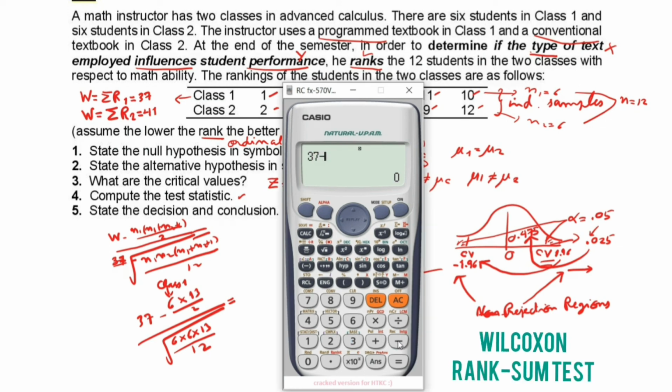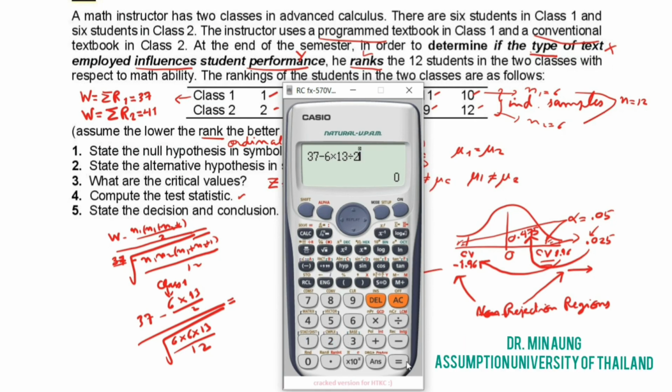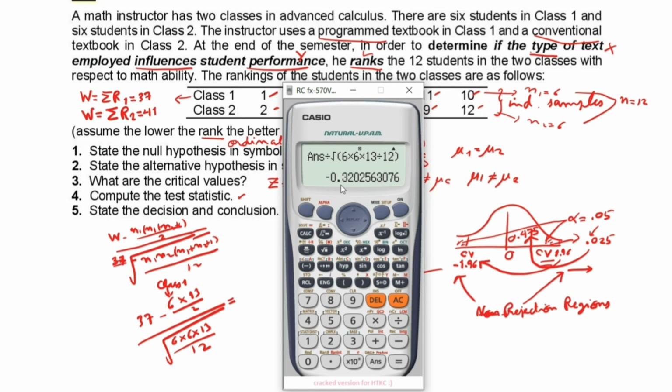37 minus 6 times 13 divided by 2 is equal to negative 2. Divide by square root of (6 times 13 divided by 12) close bracket, equal to, so your test statistic is negative 0.32.